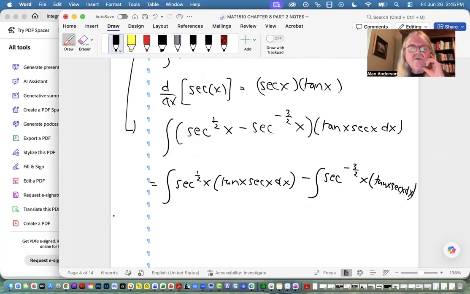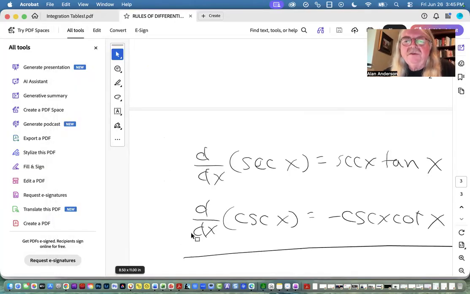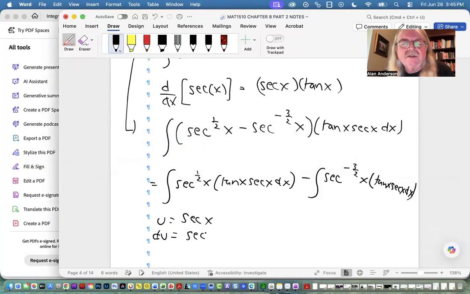So here the u is the secant, and as we saw just a second ago, not that the order matters, the derivative of the secant is secant times tangent. I'll just write it like this. And over here is the same thing. We don't need to write it again.